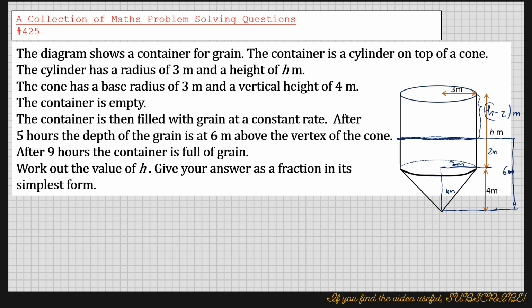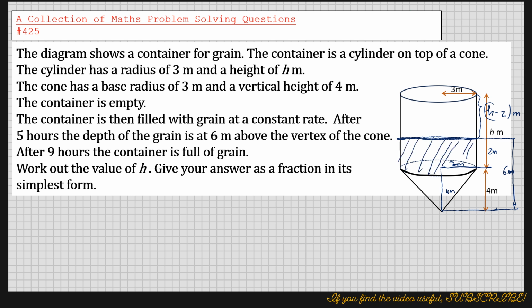If we work out the volume of the grain in 5 hours, that would be the volume of the cone plus the volume of this bit of the cylinder.